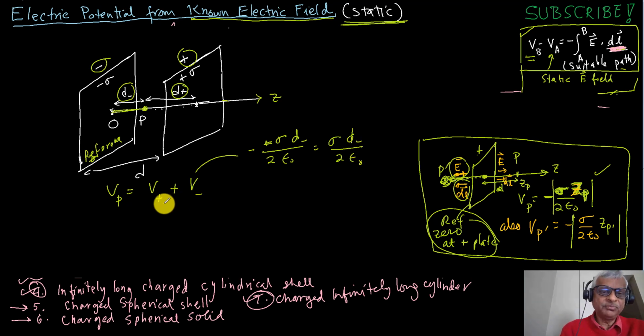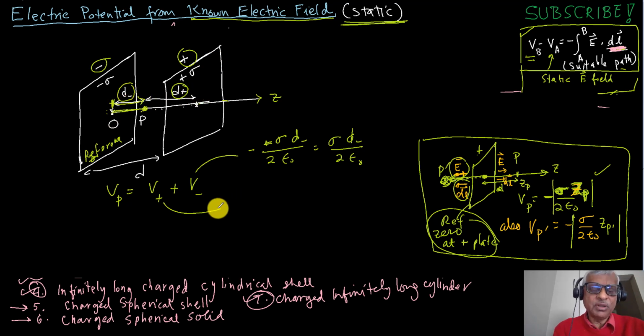So we need to figure out what V plus will be, how much from here to there. Well, the reference is from here to there, so I need to do the integral from here to there for the potential of this plate. I'm not going to do from the plate to this point, I want to do reference to that point.